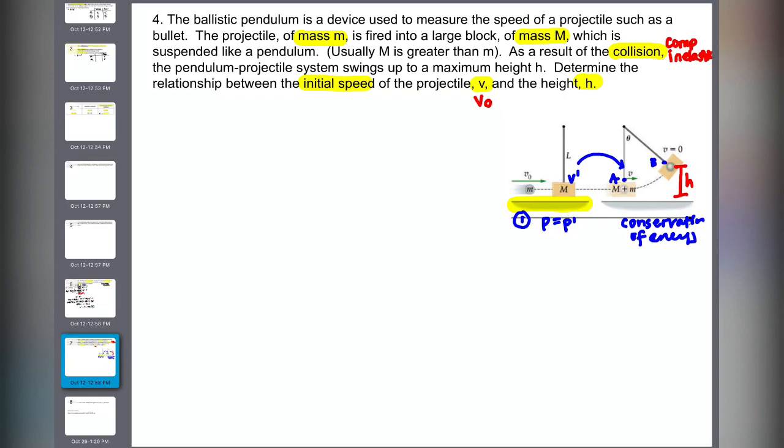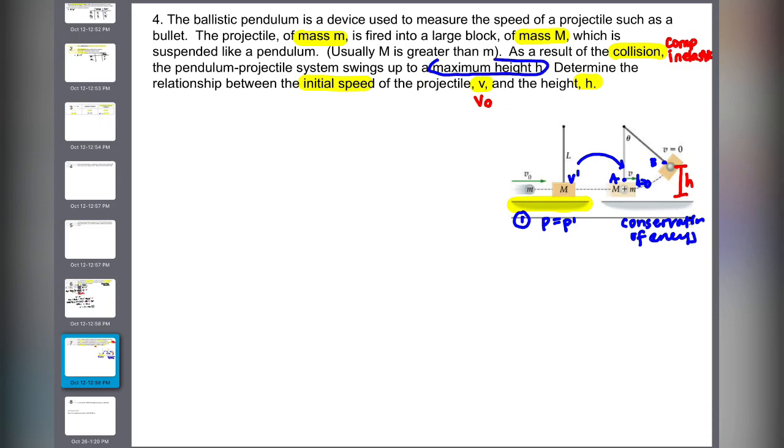So this is now your point A and this is now your point B. So it's 2 steps. First step, using completely inelastic, figure out the speed at the end before it rises up, because that gives you the velocity at point A. Then we assume at point A the height is 0.